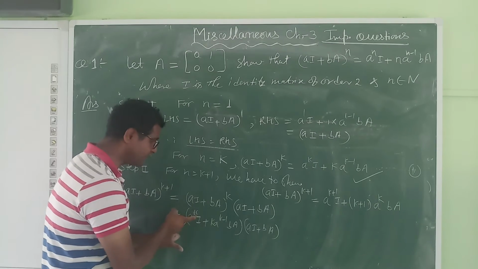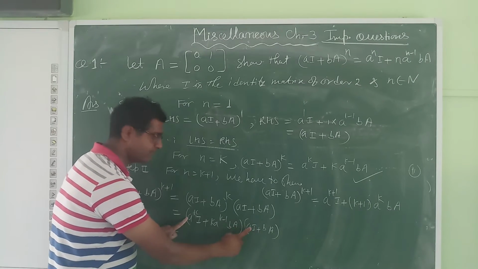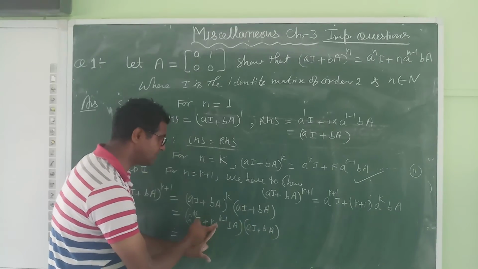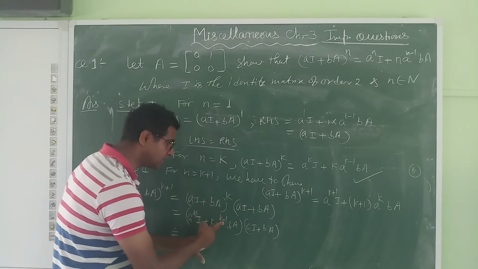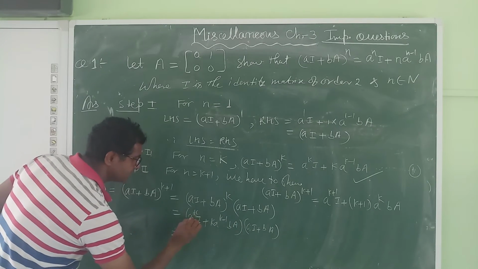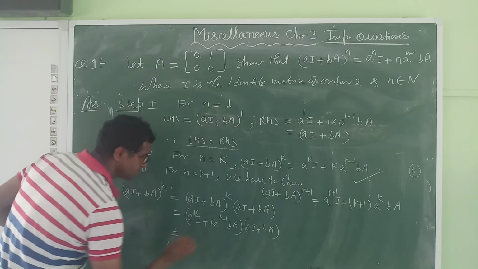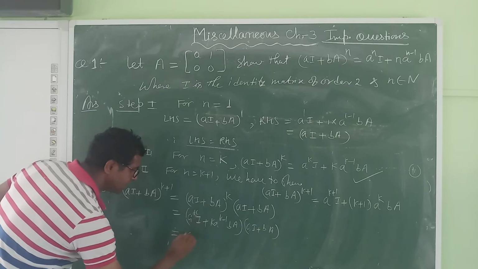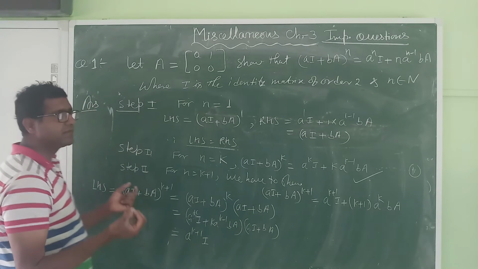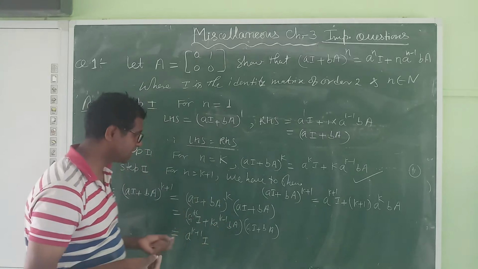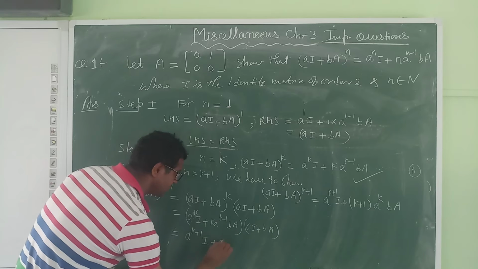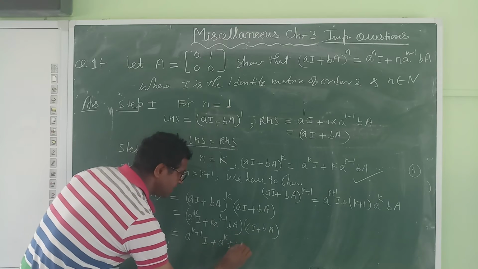Now first term with first term, first term of this with the second term of this, second term of this with the first term of this, second term of this with the second term of this. By applying this, first term multiplied with first term of second expression: a^(k+1) I into I. Identity matrix multiplied by itself, you will always get identity matrix. Now a^k I into bA, a^k I bA.